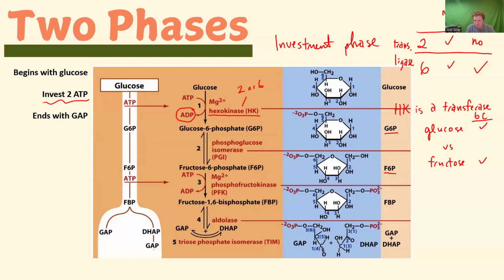So there's really no atomic difference between glucose and fructose. So if we think glucose 6-phosphate, that's glucose with a phosphate on carbon number 6, and fructose 6-phosphate, that's fructose with a phosphate on carbon number 6. Well, I think it's pretty reasonable to say that PGI is an isomerase.